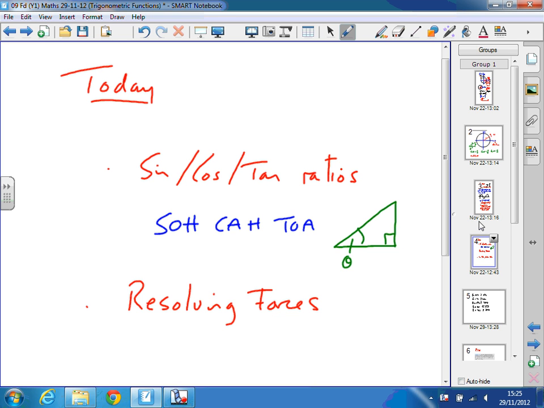and this side is the opposite, the O in SOHCAHTOA, this side is the adjacent, the A in SOHCAHTOA, and this side is the hypotenuse. Okay, and we use that in conjunction with Pythagoras.